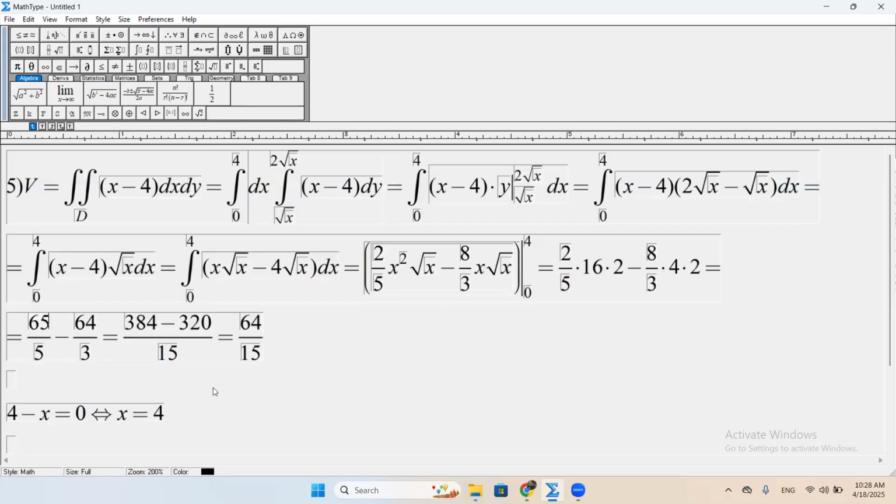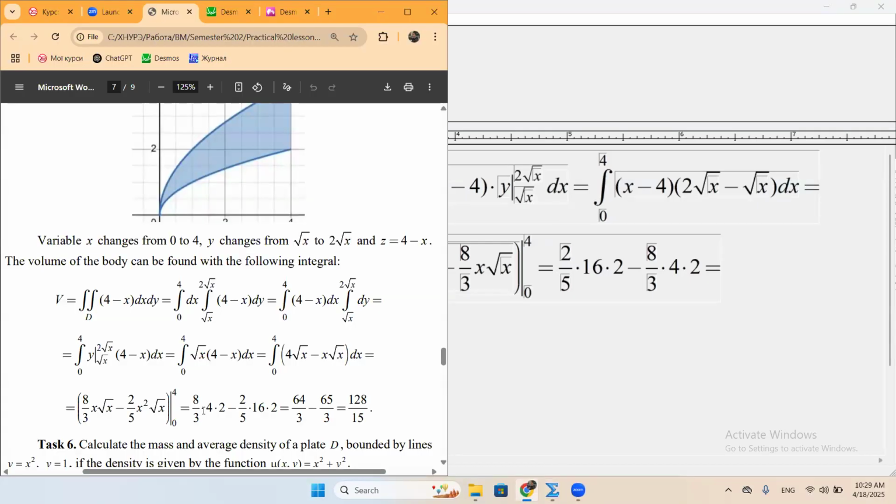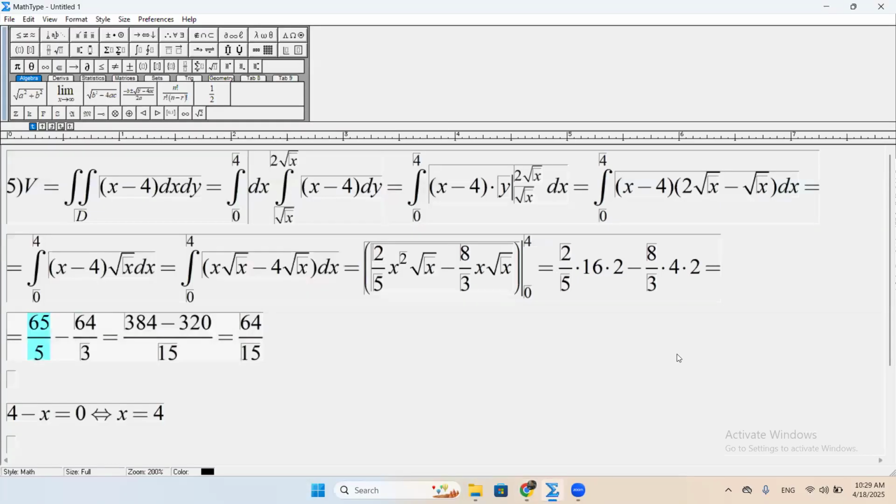But it's not correct because it is less. So let's check what is going on here. So 64. Stop. Why? Yeah, it is 4 minus x. Damn it. 4 minus x everywhere. It was my mistake. So everywhere the sign is incorrect.